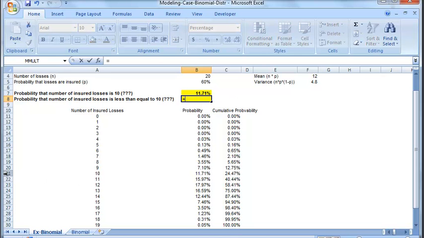We'll go to cumulative, and it is 24.47. So the probability that the number of insured losses is less than or equal to 10 is 24.47%, and the probability of the number of insured losses being exactly 10 is 11.71%.